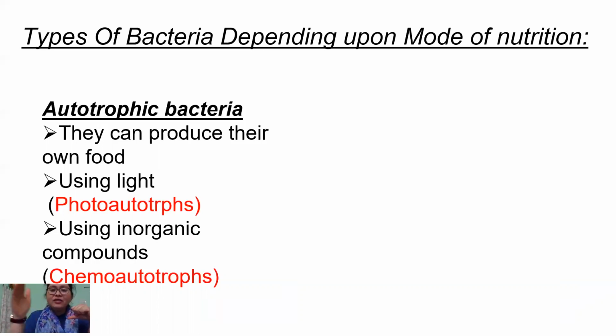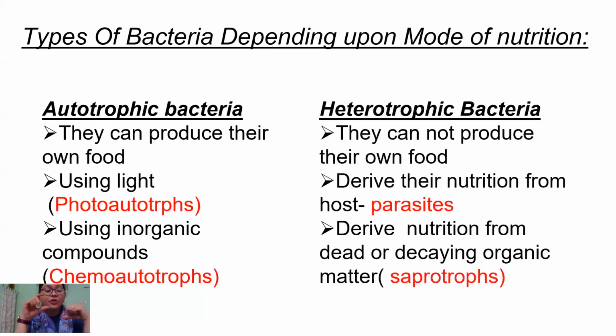Now, let's learn about the second class, the heterotrophic bacteria. This class of bacteria is unable to prepare its own food, and thus depends on other organisms for food to survive. Some of the bacteria which derive nutrition from the host by causing harm to the body of the host are called parasites.